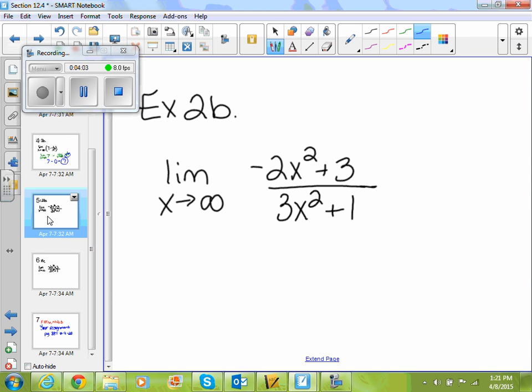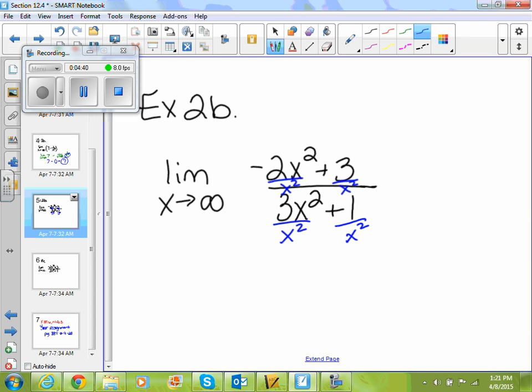Okay, so now if I look at the limit as x approaches infinity of 2x squared plus 3 over 3x squared plus 1. Because your goal, no, it's not 0. It's definitely not 0. But because your goal is to always get every piece of your limit into a fraction, we're going to divide all of our pieces by x squared because that's our biggest exponent.